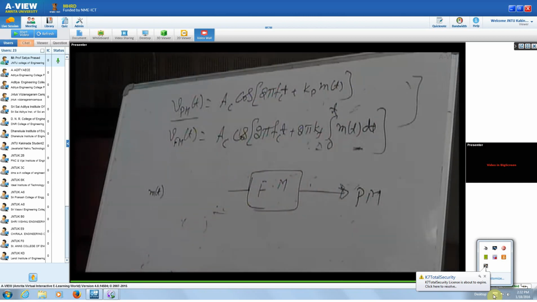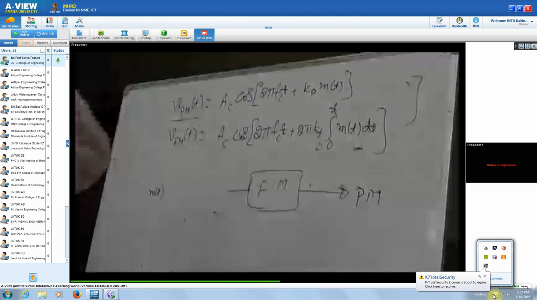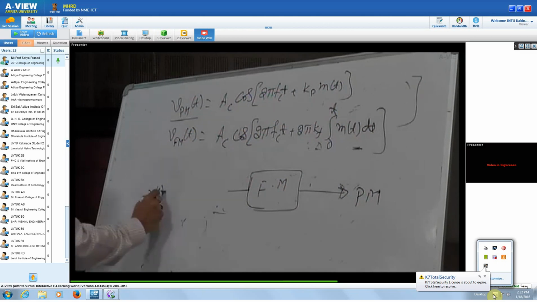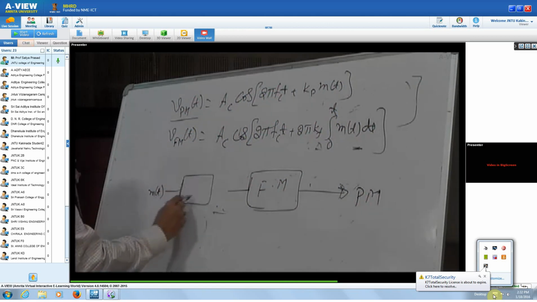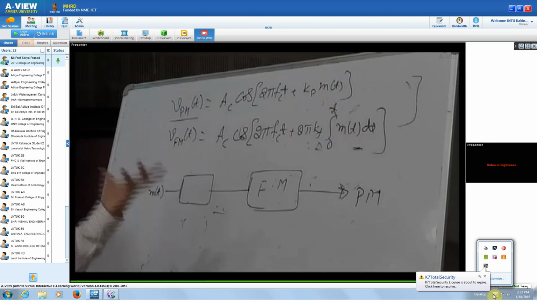So instead of m of t, what if you put another circuit which changes this m of t? So what should be the m of t?